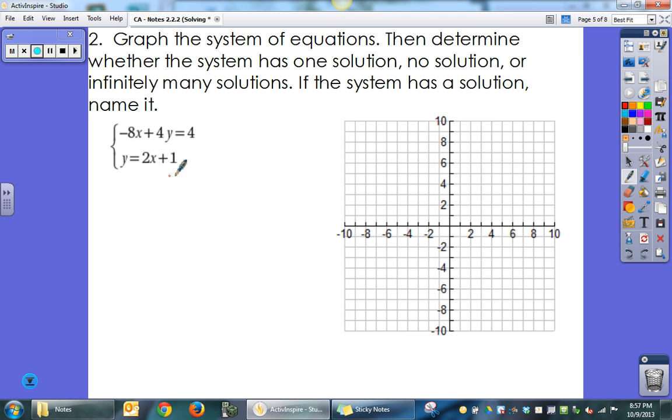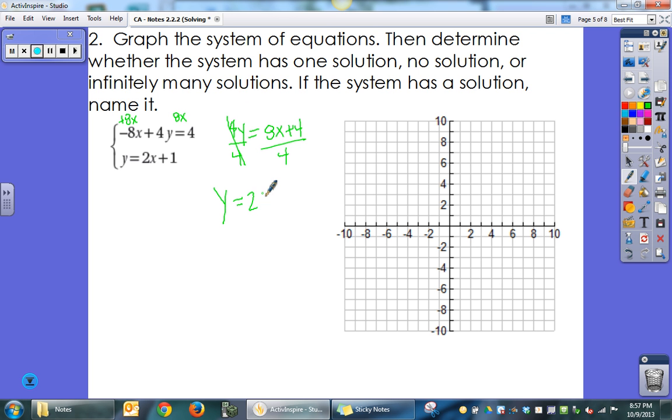Alright, once again, I've got one that's already in slope-intercept form and one that needs to be put in slope-intercept form. So this one I'm going to add 8x to both sides. So I've got 4y equals 8x plus 4. Divide everything by 4.